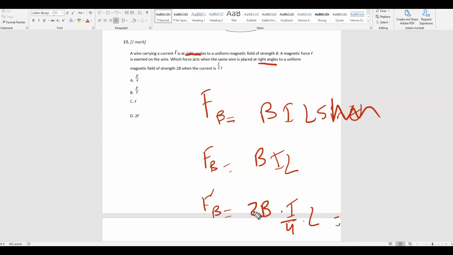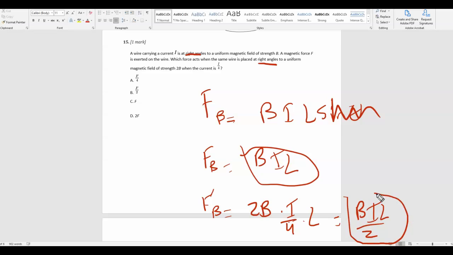Okay, and so doubling B doubles the force, decreasing the current decreases the force by a factor of 4, and so we get BIL over 2, which is half of the original force. If you compare these two equations, right? Compare that to that, this result is half as much. So the answer would be F over 2, which is B.